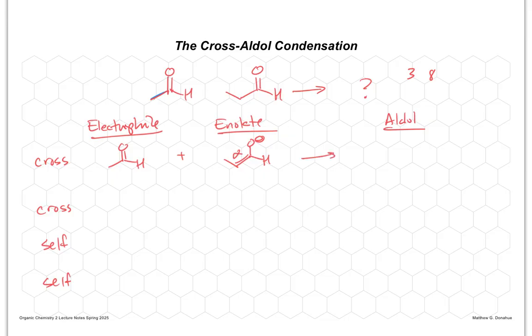So remember alpha, beta. We're just going to form that alpha-beta bond. So now we have 1, 2, 3, 4, 5 total carbons in the chain.